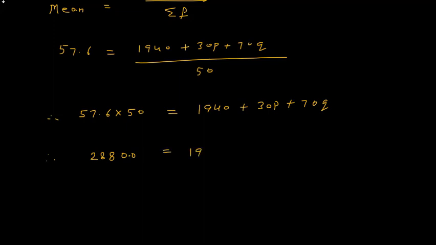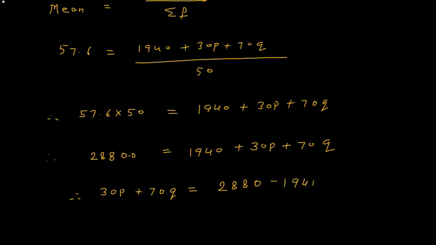This is equal to 1940 plus 30P plus 70Q. So therefore the value of 30P plus 70Q is 2880 minus 1940.